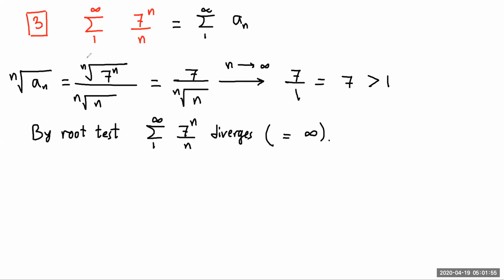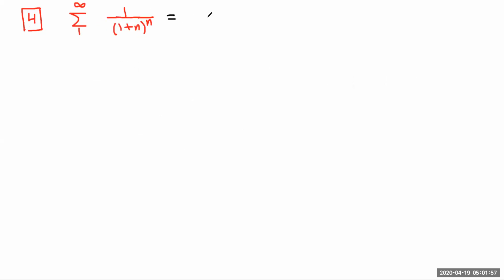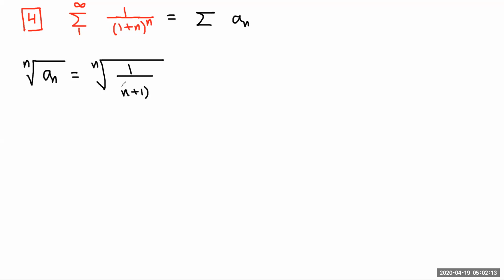Let's take the last exercise. If we suppose this is sigma a_n, what is the nth root of a_n? It's the nth root of 1 over (n plus 1) power n, so it will be 1 over n plus 1.